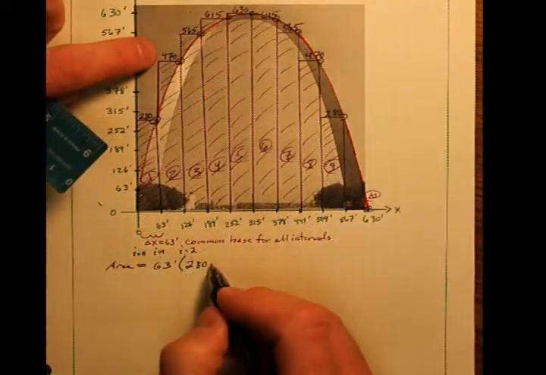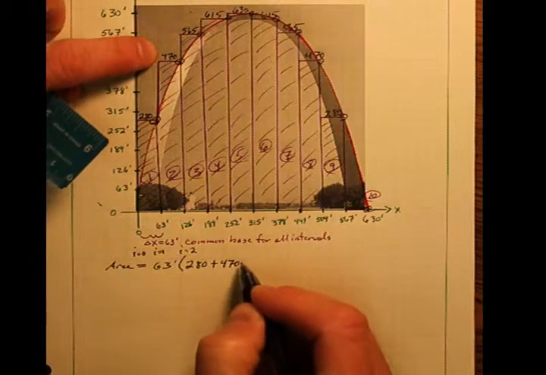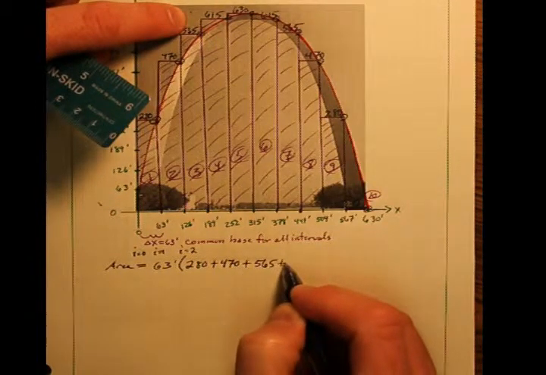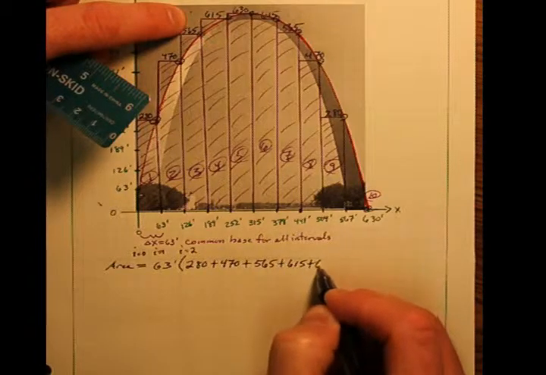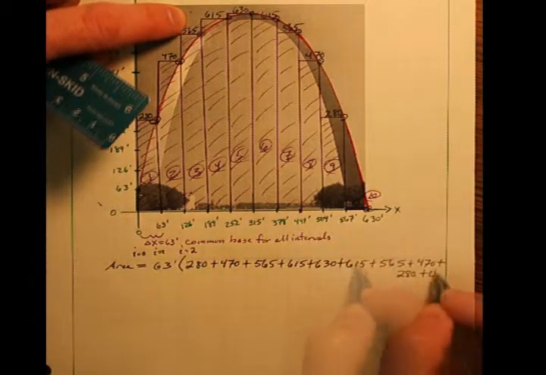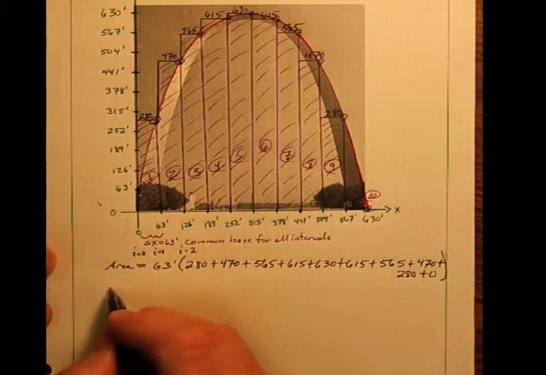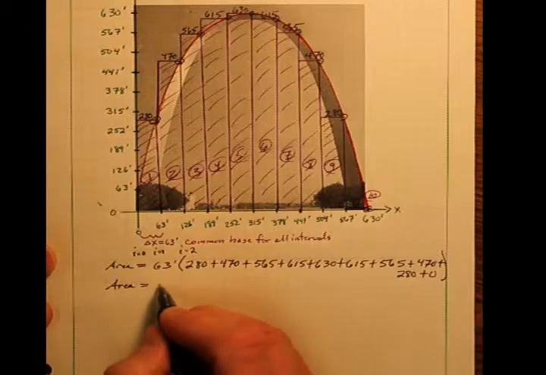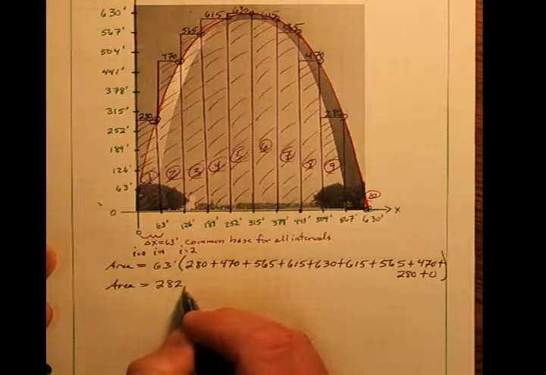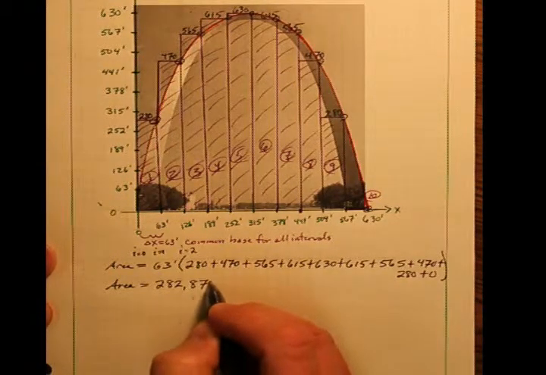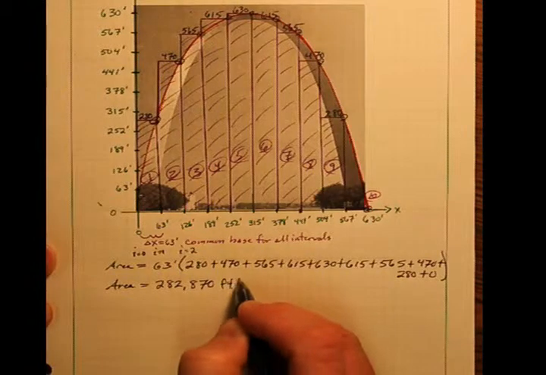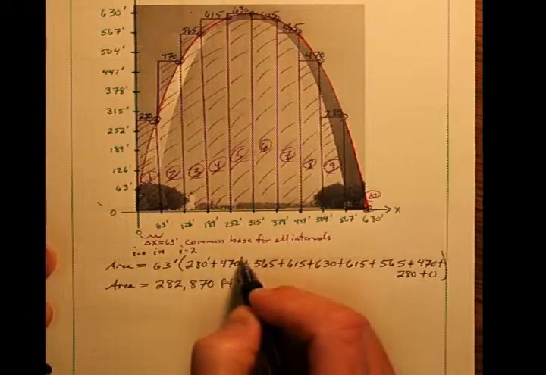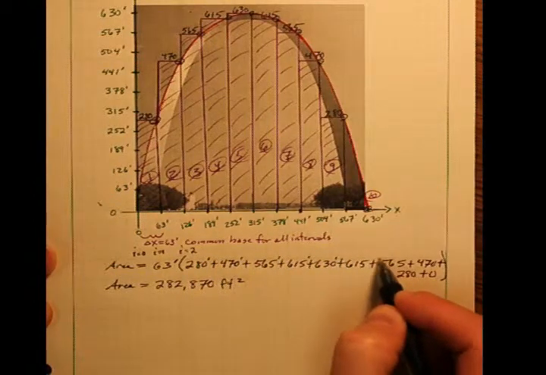So I have 280 plus 470 plus 565, and the area comes out to 282,870 feet squared. It's feet squared because 63 is in feet and all these heights are also in feet.